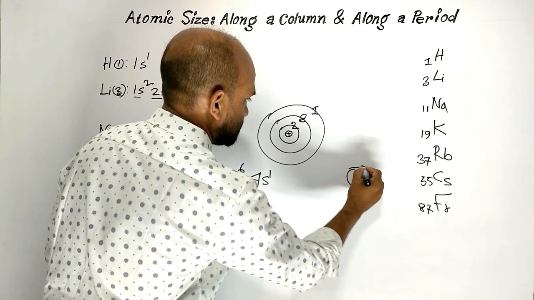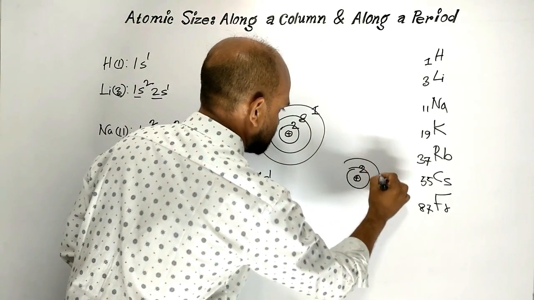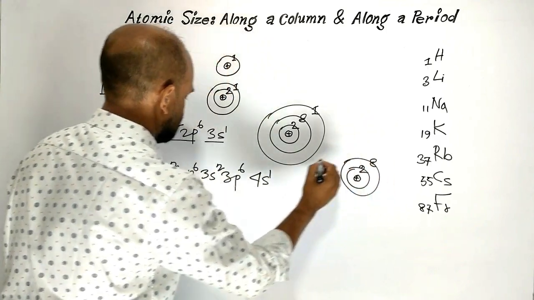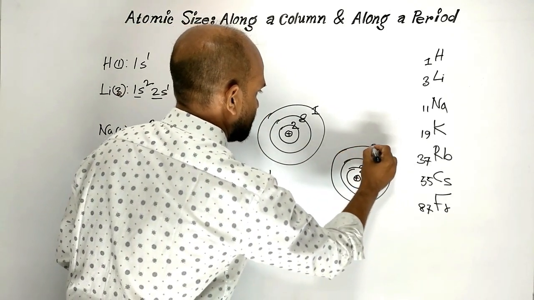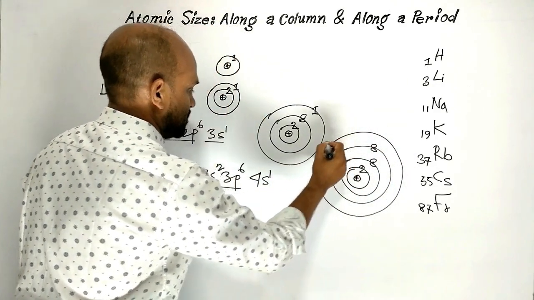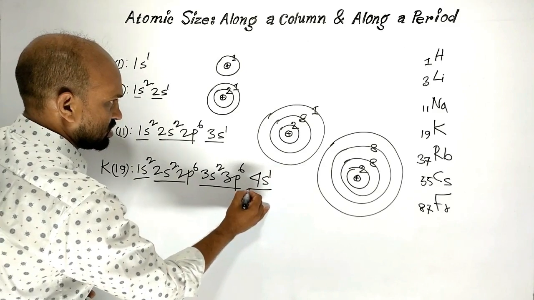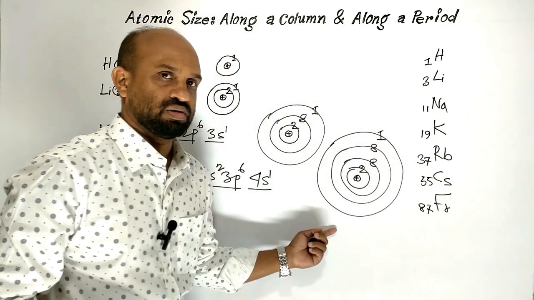First shell contains 2 electrons, second shell contains 8 electrons, third shell contains 8 electrons, and it has another shell, the fourth shell, that contains 1 electron.